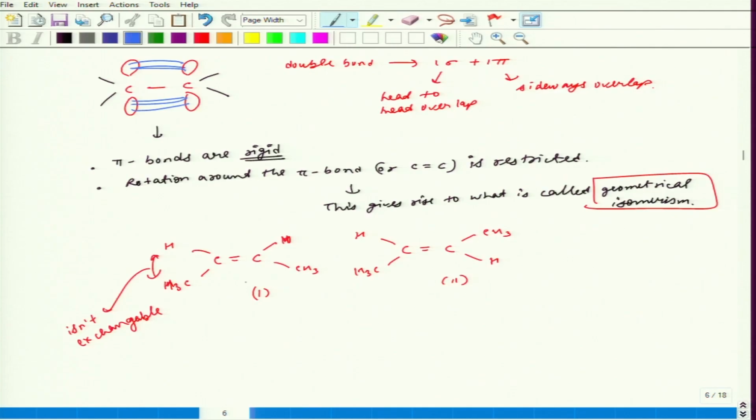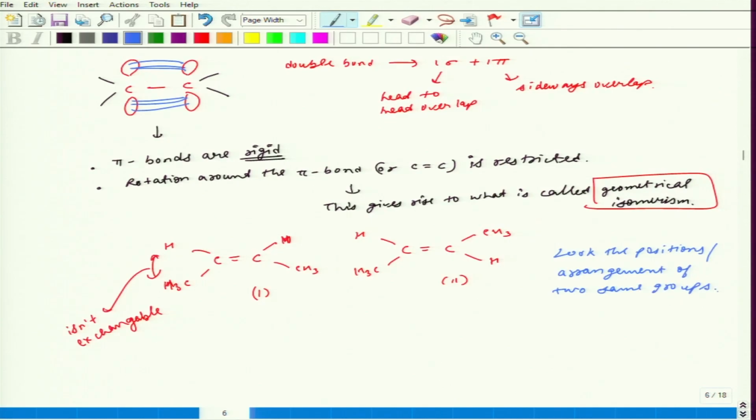Okay, let's see. Just look at the positions, or better to say the arrangement, of the two same groups.